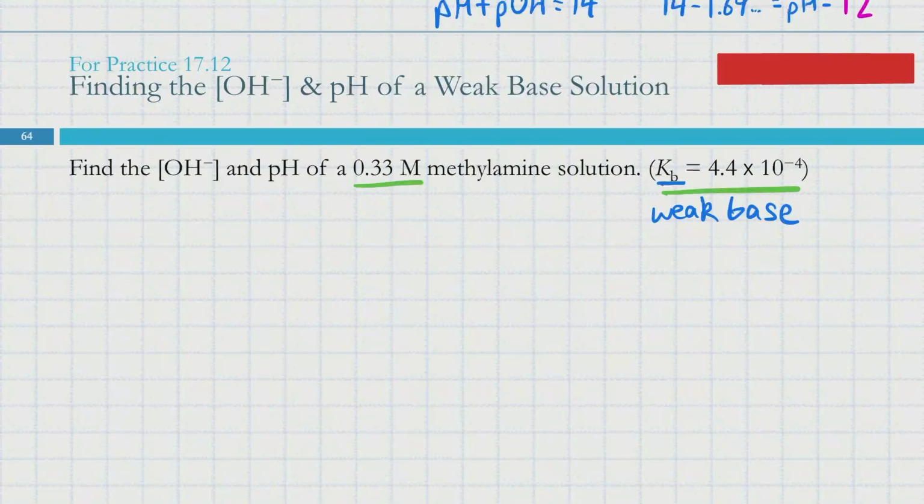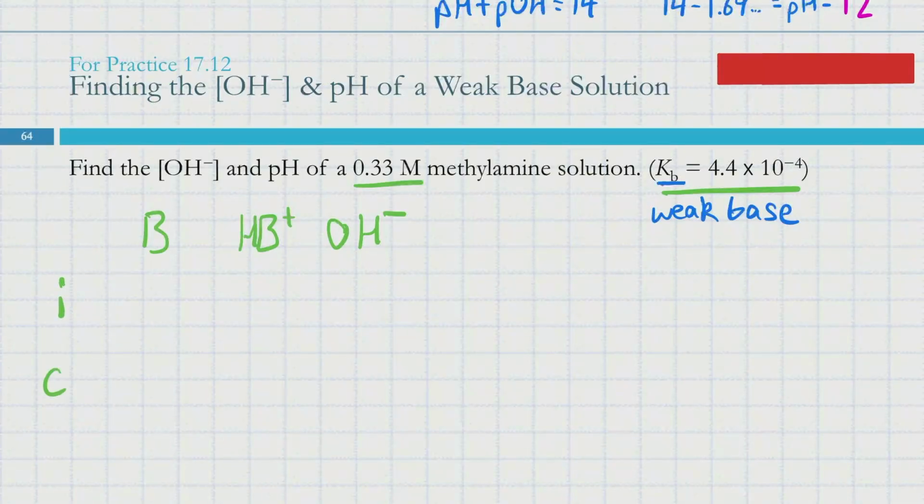So we are going to do an ice table. So we've got our weak base. That's going to go on to produce HB plus and OH minus.